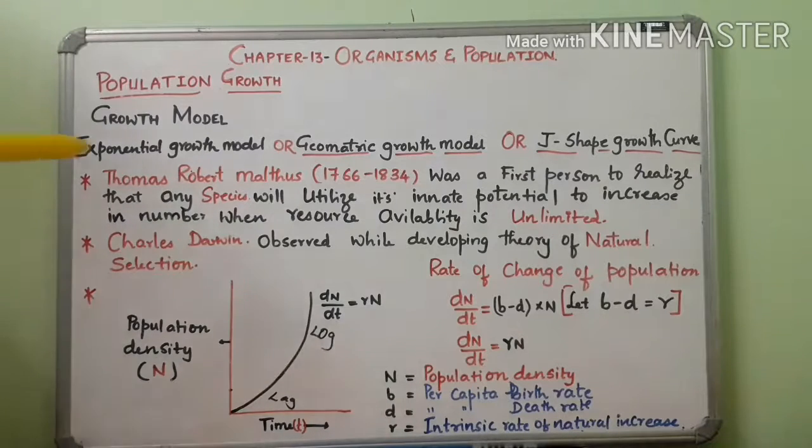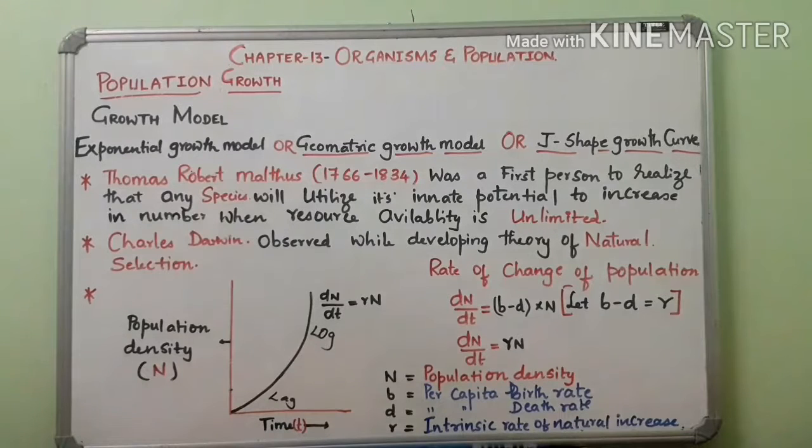Any species will utilize its innate potential to increase in number when resource availability is unlimited, more than the requirement. When more than the required resources are there in a particular place, every organism will increase in number. Next, Charles Darwin observed this while developing the theory of natural selection.